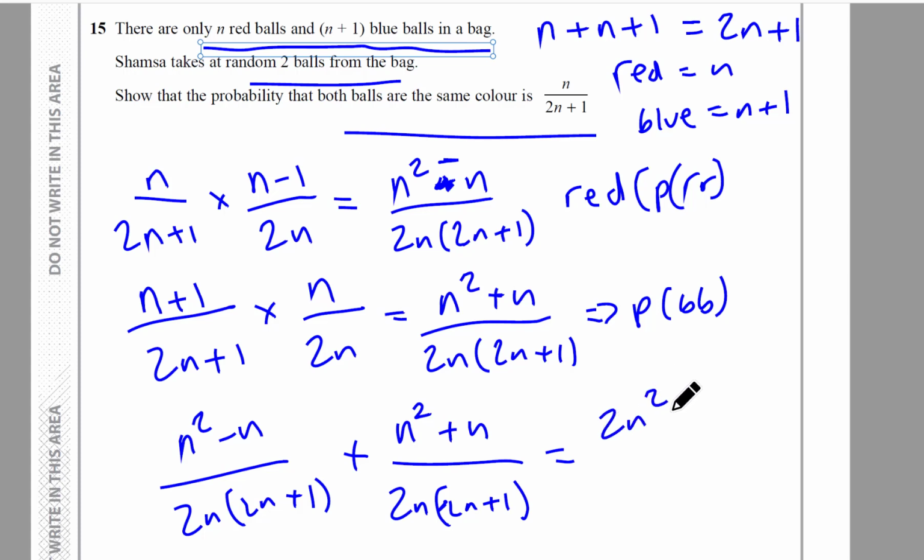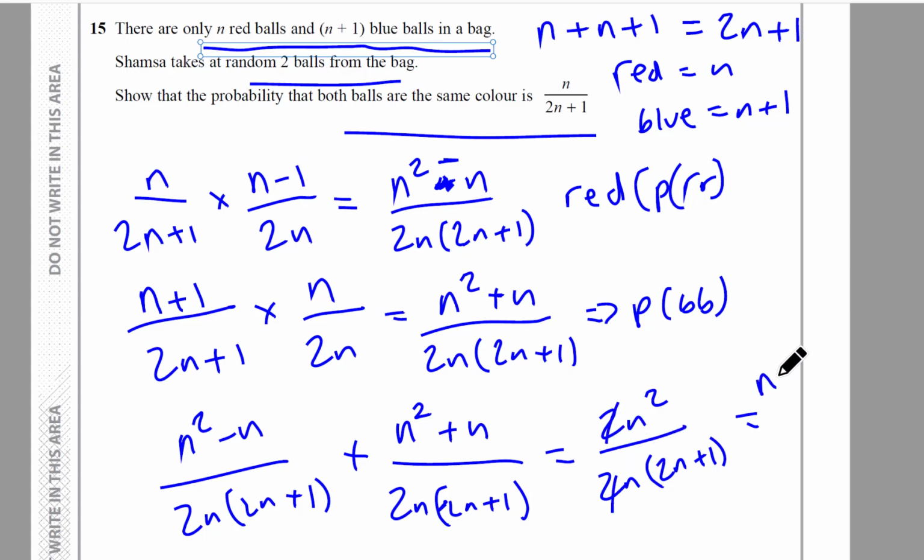So we're going to get 2n squared over 2n over 2n plus 1. That looks correct, because we can simplify that out by cancelling out the 2's.